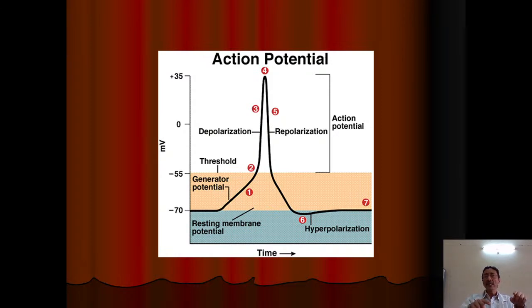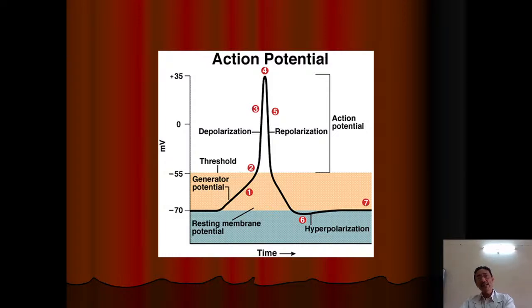Now let us understand the graph along with the changes happening here. Let us say the excitable nerve, membrane or muscle is under resting condition, and the potential is around minus 70 millivolts. A stimulus is given. The membrane suddenly becomes permeable to sodium ions, and the sodium channels open.